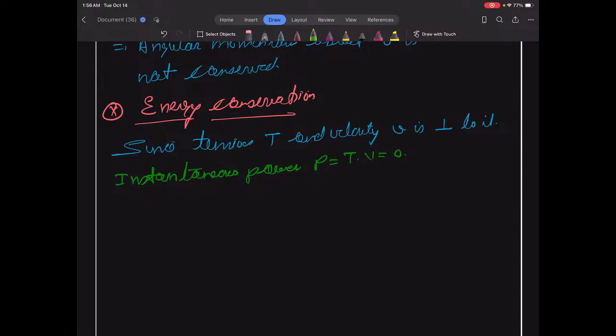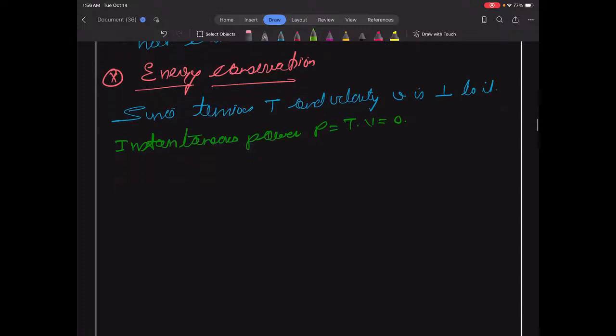And for the entire motion, we can find out the work done by the tension.